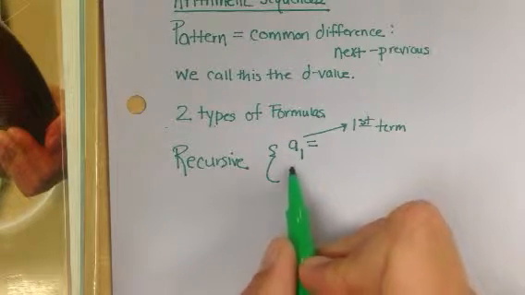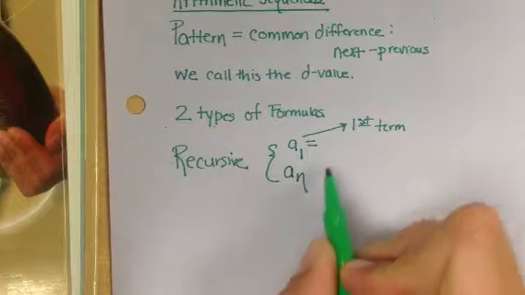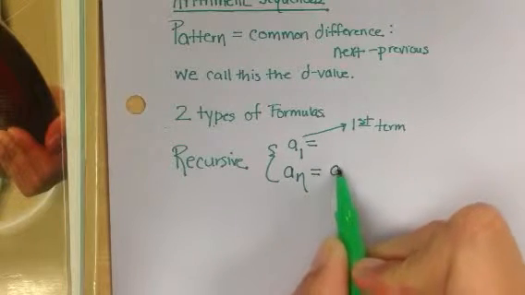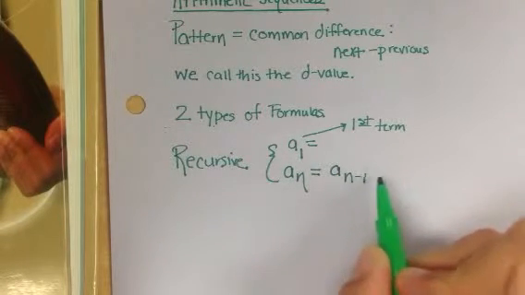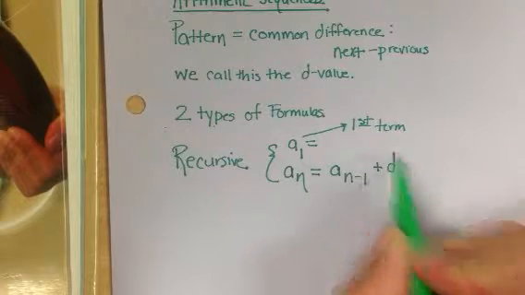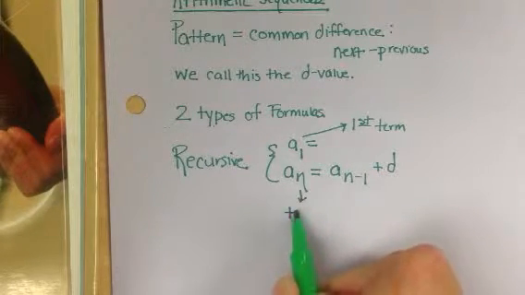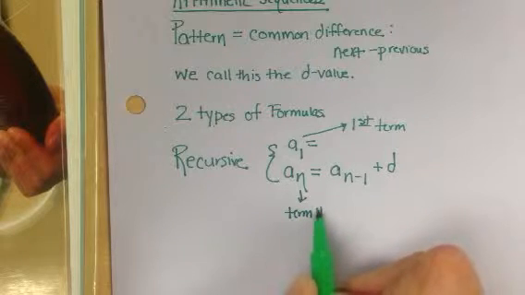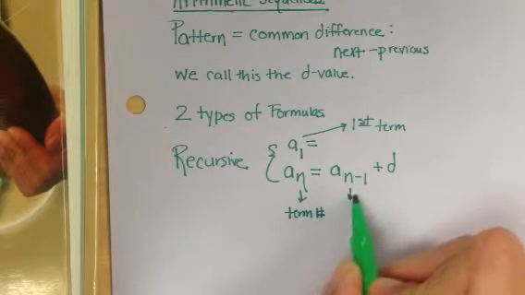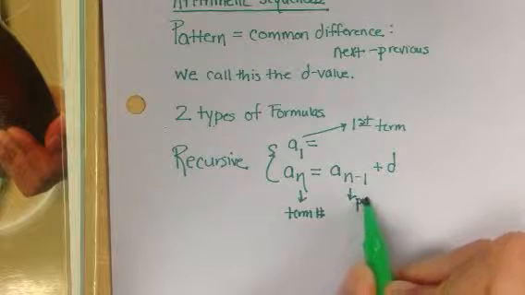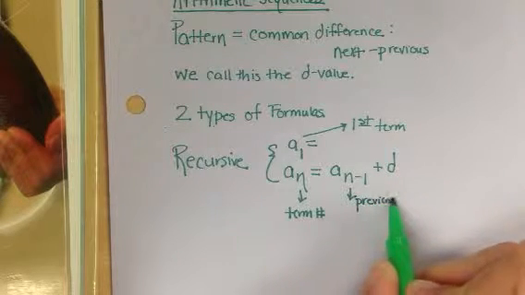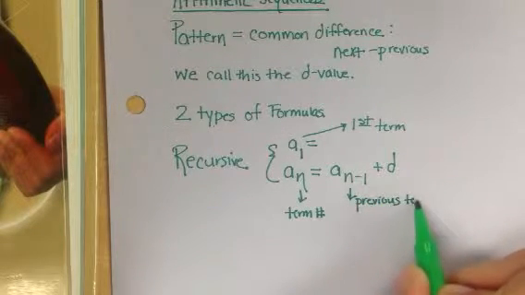Underneath a sub 1, we're going to call it a sub n, and that will equal a sub n minus 1 plus d. N represents the term number, and a sub n minus 1 equals the previous term value.